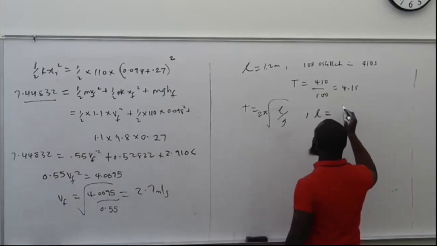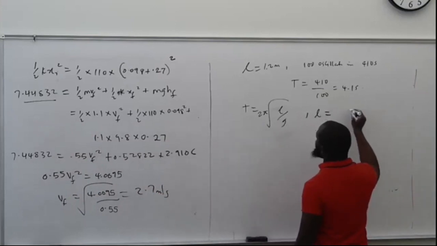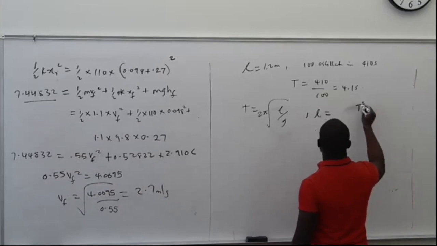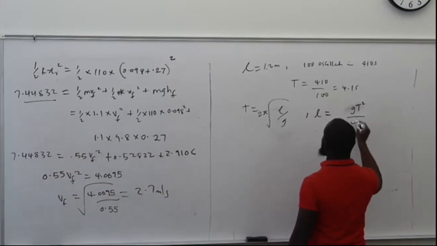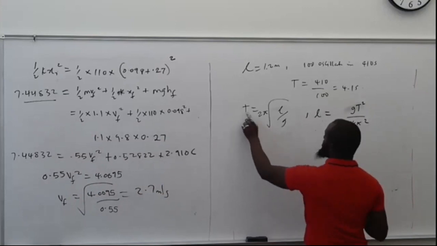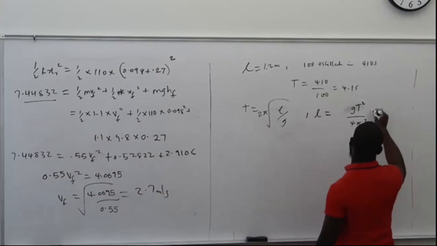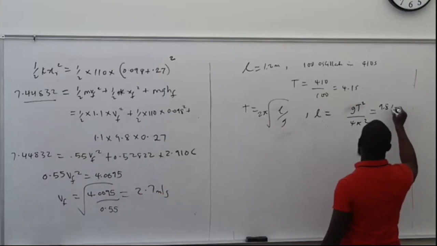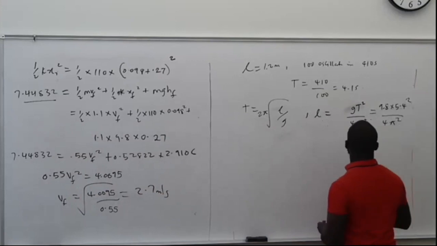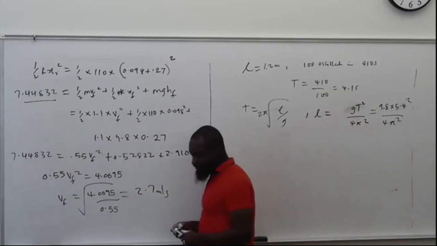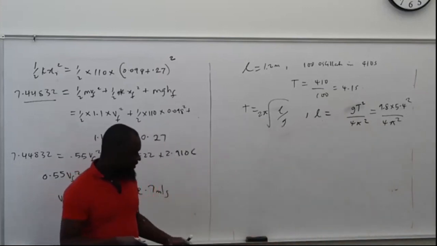So length becomes g t squared over 4 pi squared. That's it. 9.8 times 5.4 squared over 4 pi squared. Let's do that and see what we get.